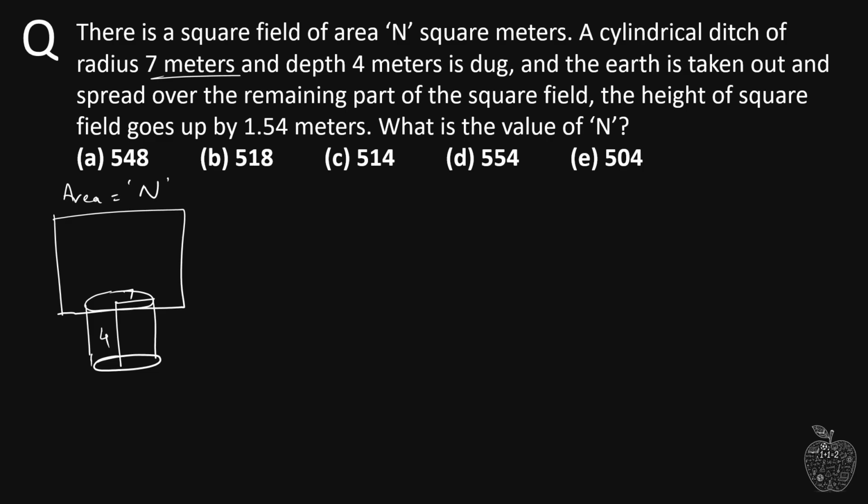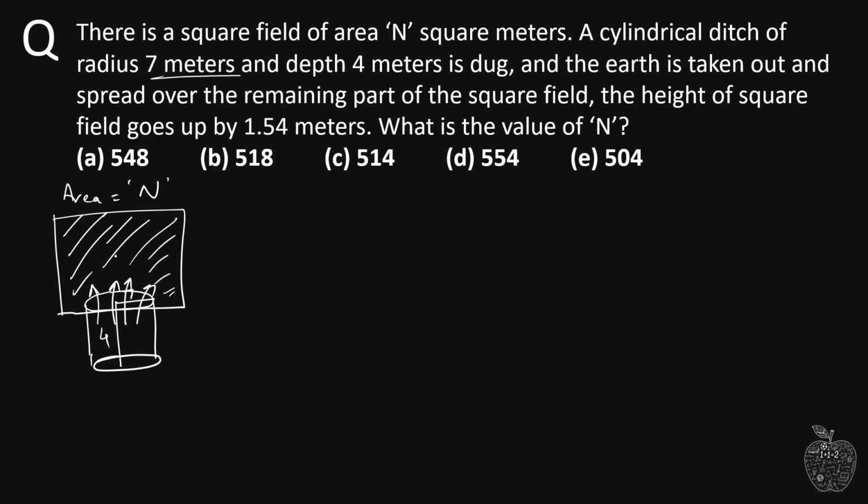And earth is taken out and spread over the remaining part of the square field. The height of the square field goes up by 1.54 meter. Now what happens? This ditch is dug and the earth or soil is taken out, and the soil is spread over the rest of the field like this.